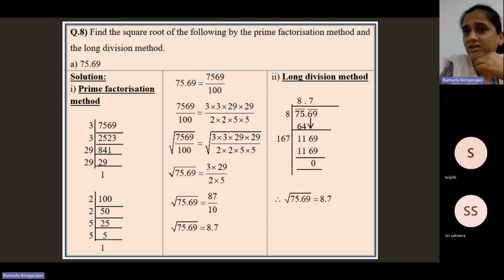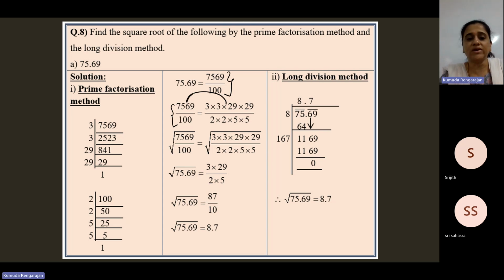So you know how to write the decimal number as a fraction, right? Then find the prime factors of the numerator and the denominator. Then after that, write down this fraction.